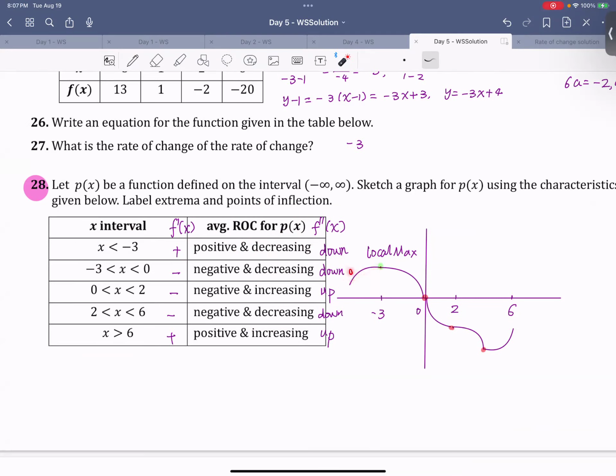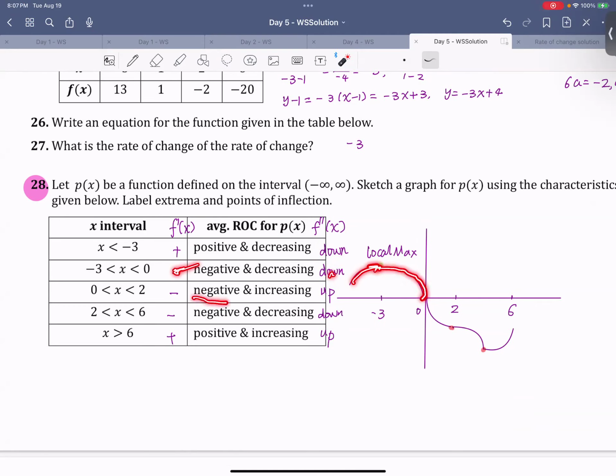A constant slope means the second derivative is 0. You draw a straight line, this is 0, not decreasing. So you have to draw this, and it's concave down. You have to face the cup down. So go up, but concave down. And then this is negative, so you go down and concave down.